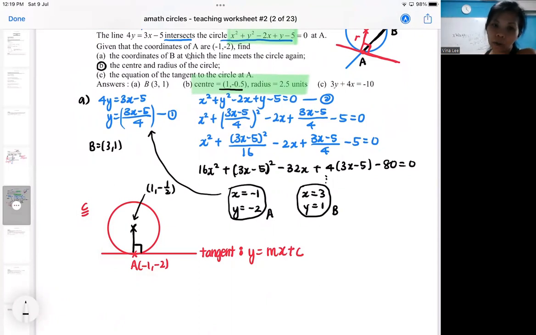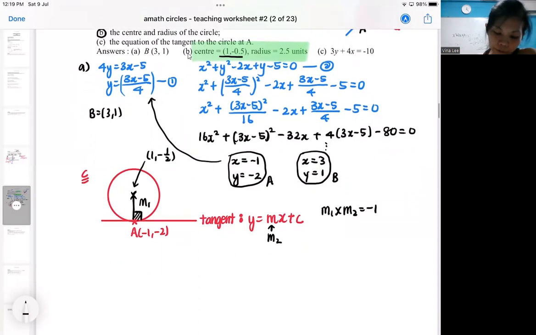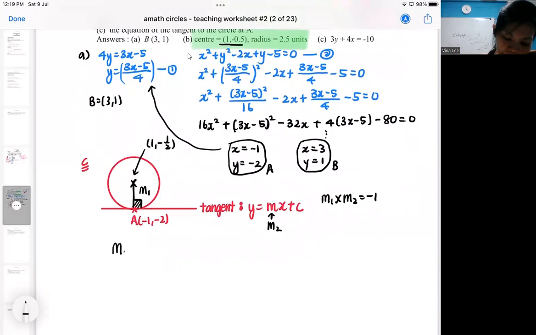So this is where you get your gradient by doing M1 and M2. Because of perpendicular, M1 times M2 will be equal to -1. So from here, I can find my M1 first by doing a length formula.